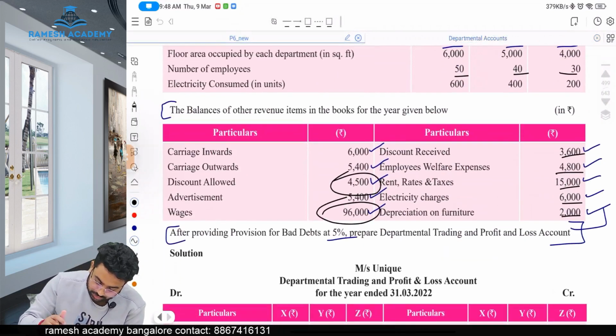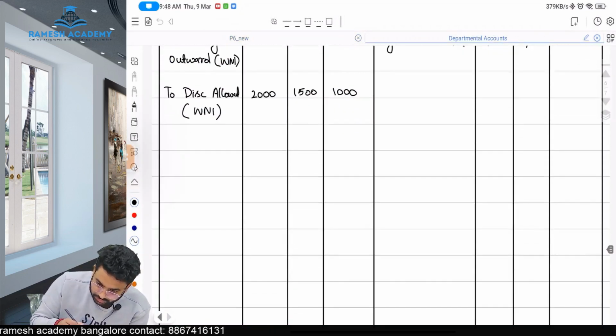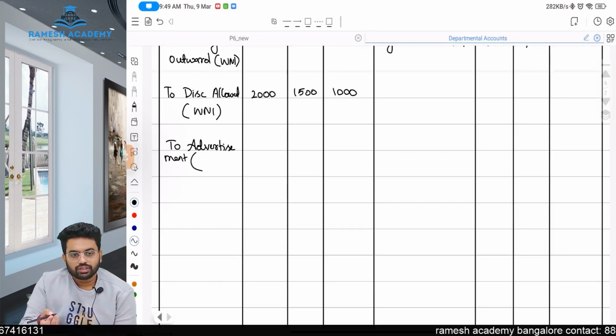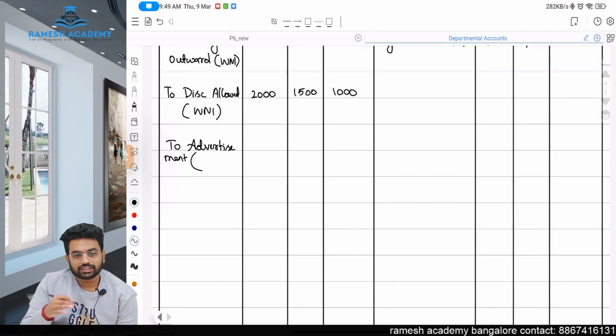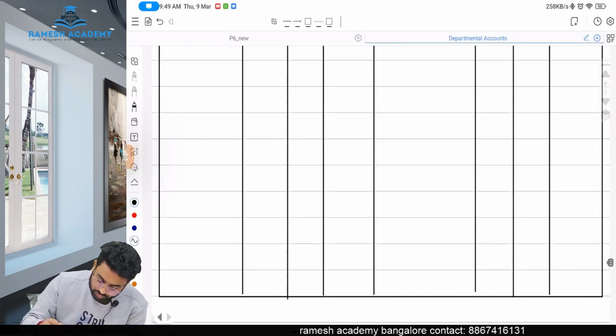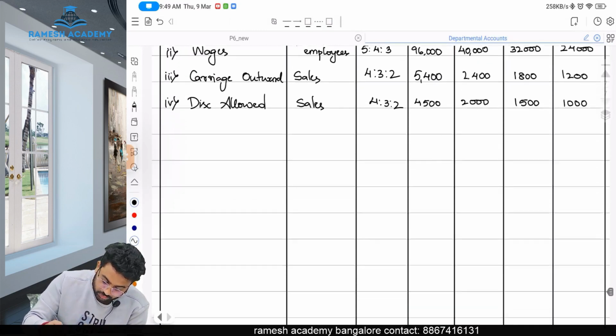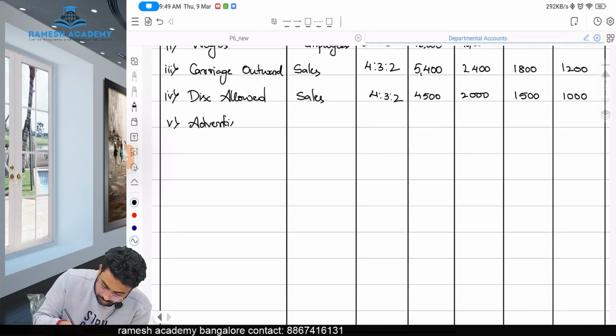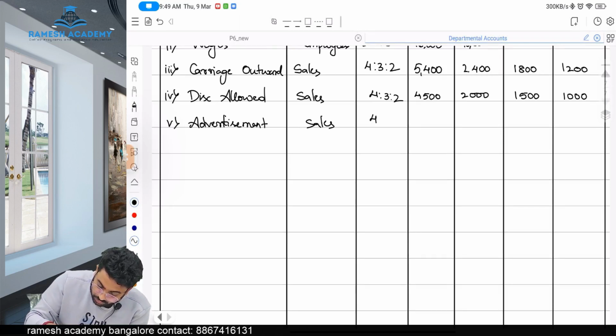Next there is advertisement. Usually advertisement is done to make sales, so of course we are going to allocate that upon the sales ratio, 4 is to 3 is to 2.